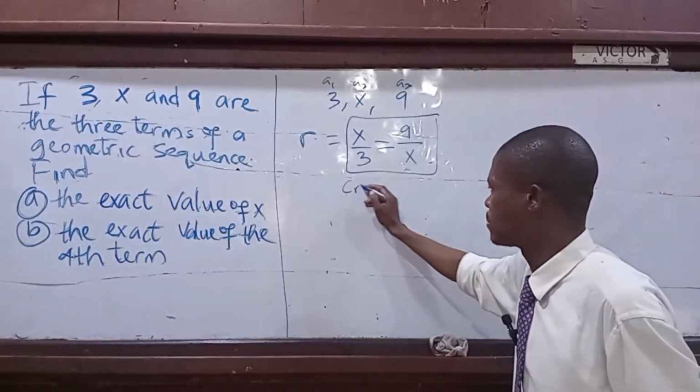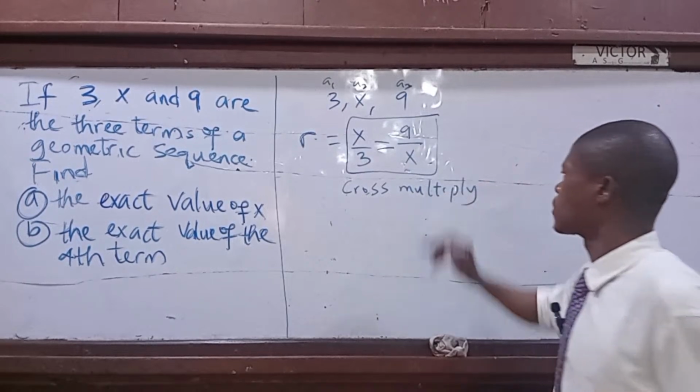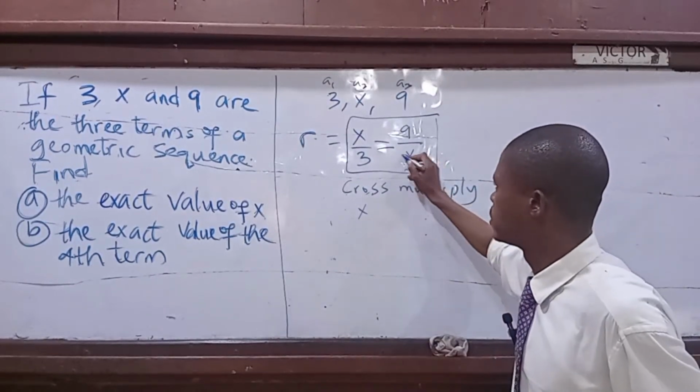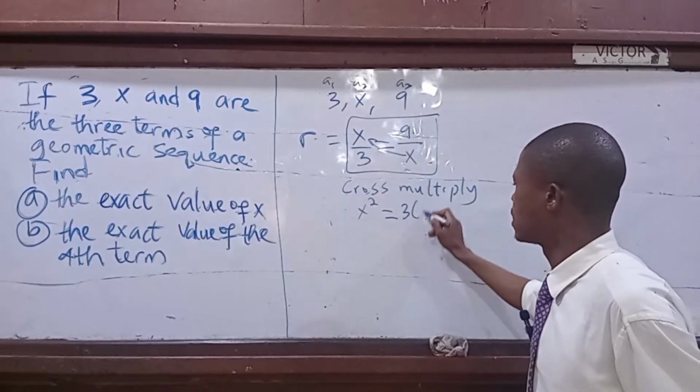Then cross multiply. So if you do that, we're going to have this one times this one, that's x squared, equal to 3 times 9, that's 27.